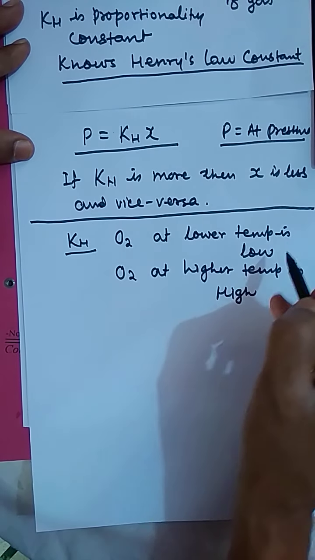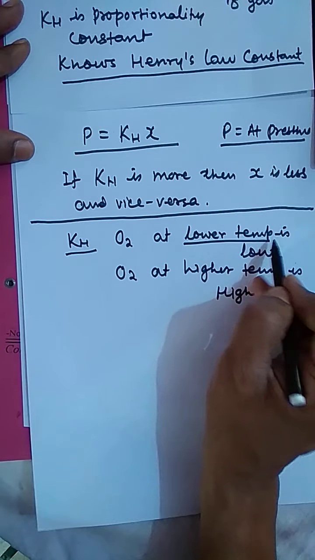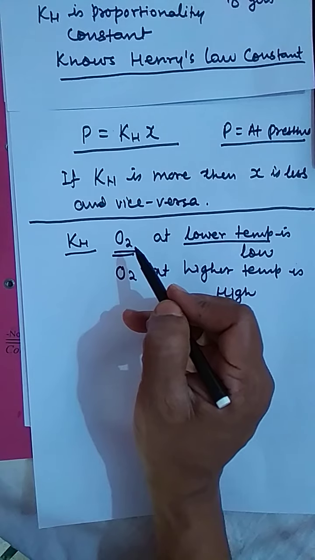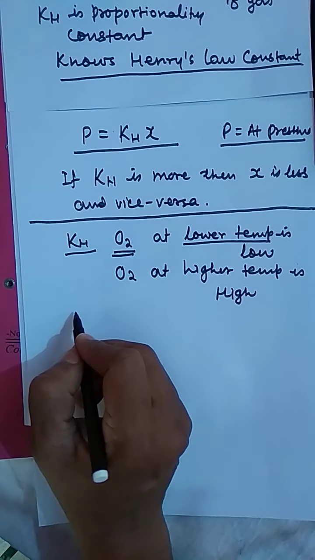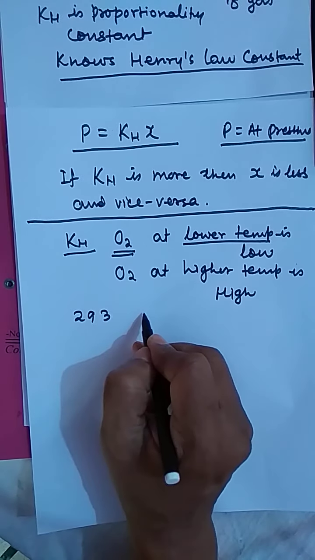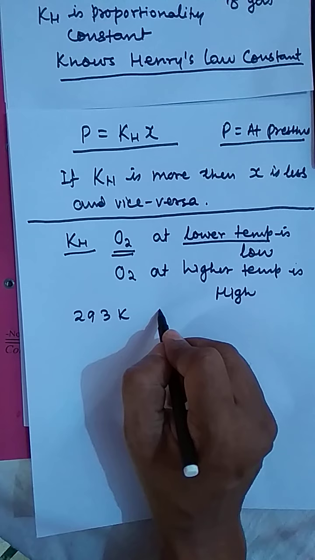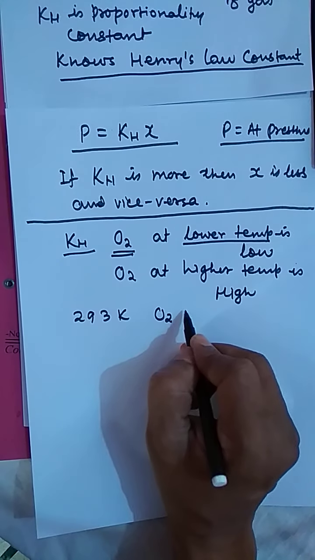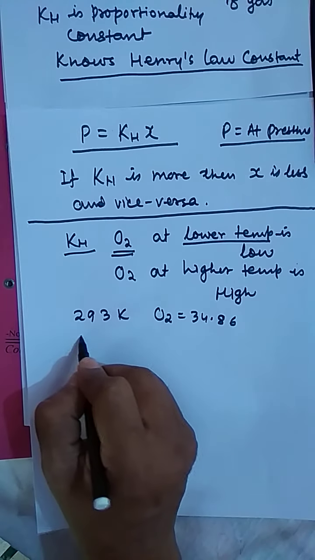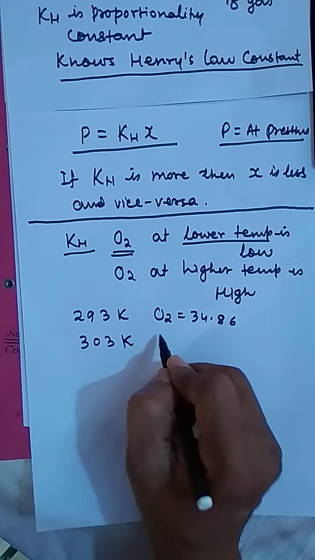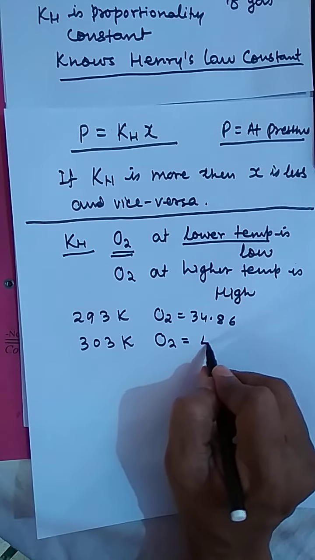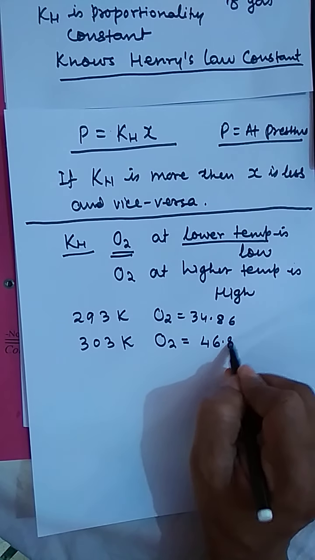So in winter season the temperature is low, so definitely the concentration of oxygen in water is more. You can see with numerical values also: at 293 Kelvin, the KH value of oxygen is 34.86, and at 303 Kelvin the KH value for oxygen is 46.82.